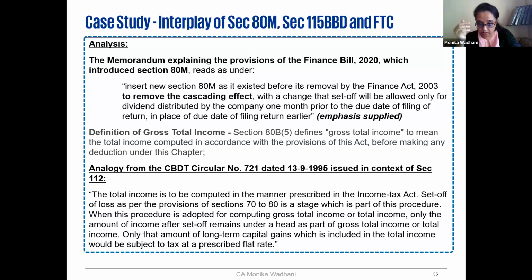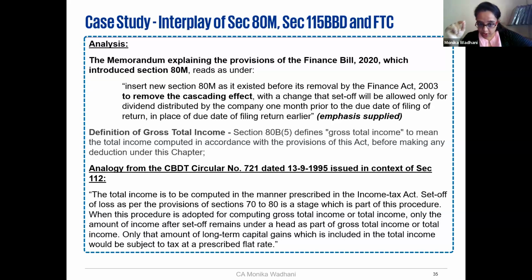So in this context, another example we can take is section 112, which is in the context of long-term capital gains taxation, wherein, in language similar to 115BBD, the CBDT circular reads like this: the total income is to be computed in the manner prescribed in the IT Act. Set off of the loss as per the provisions of sections 70 to 80 is a stage which is a part of this procedure.